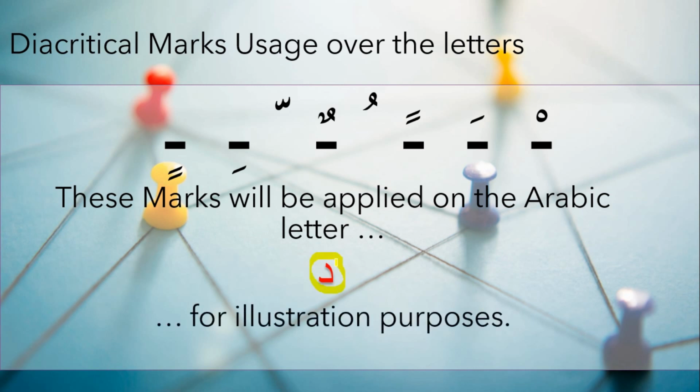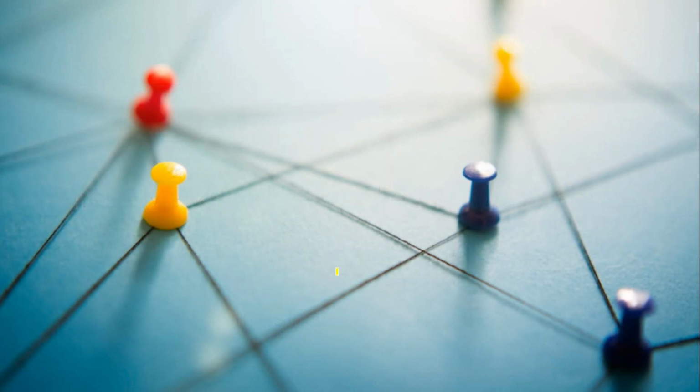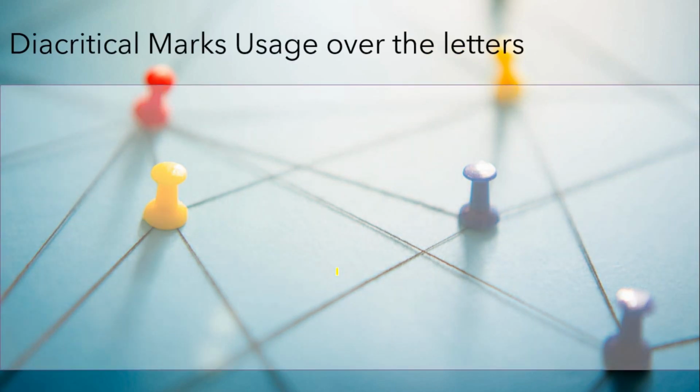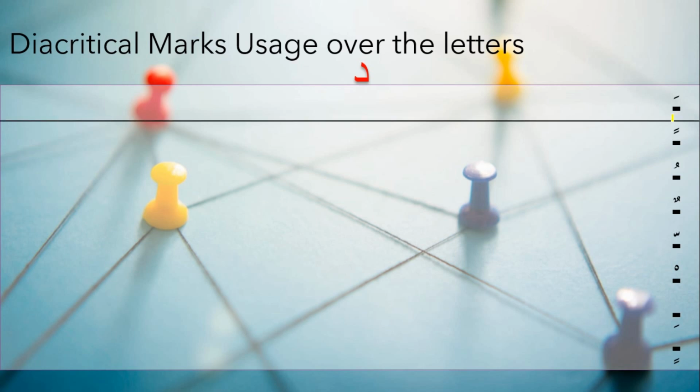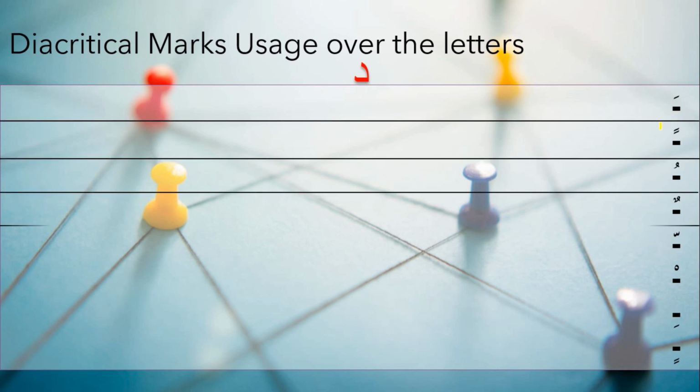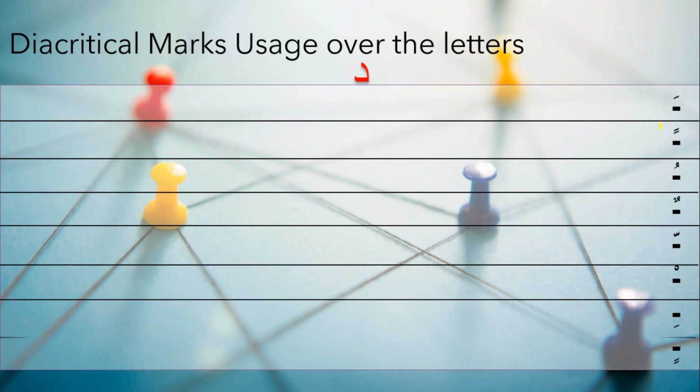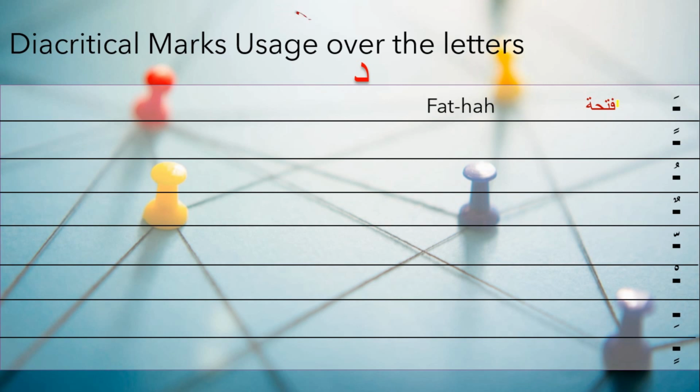For illustration purposes, we're going to use the letter dal to express all of these diacritical marks, each aside. So for the letter dal, we are going to use all of these diacritical marks one by one, just to know what effects these diacritical marks have on that letter when they come over it, under it, or beneath it.